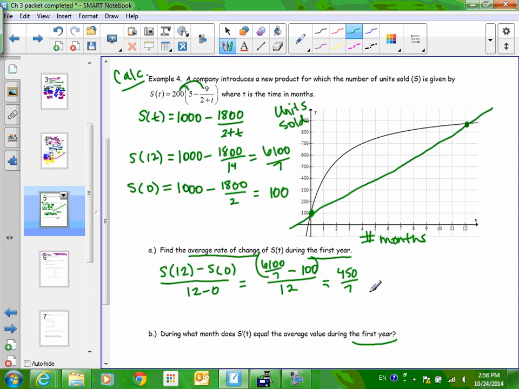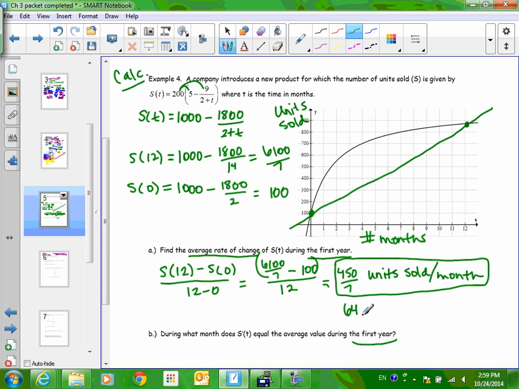That's my exact answer. What would the units be? Units sold per month. And this is a perfectly acceptable answer in our world. If this was your job and you were doing this for your boss, they're going to say, that doesn't make any sense, give me a decimal.